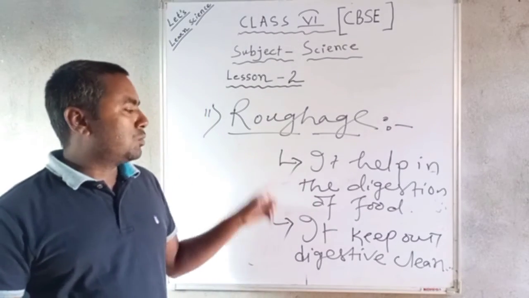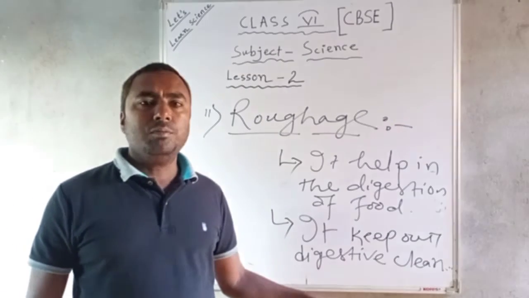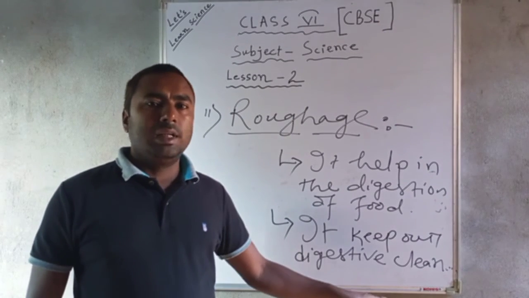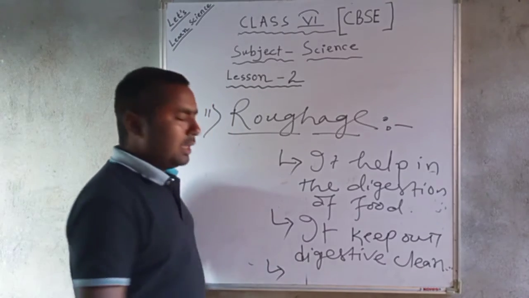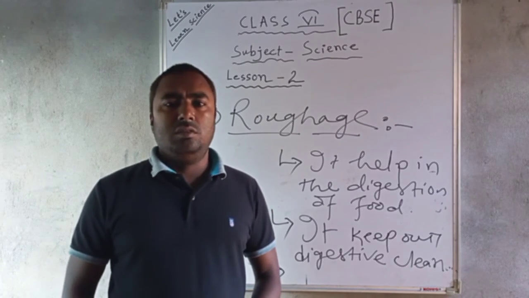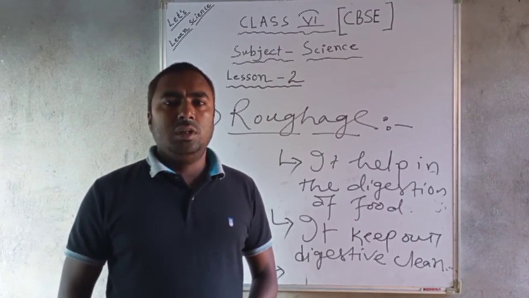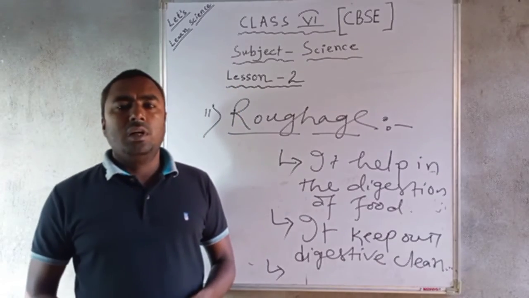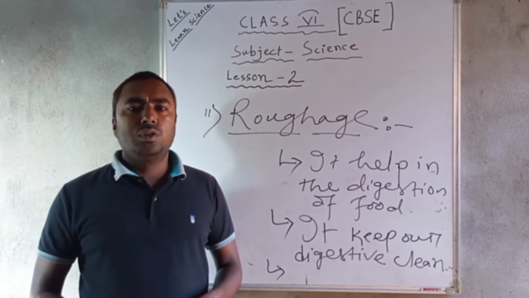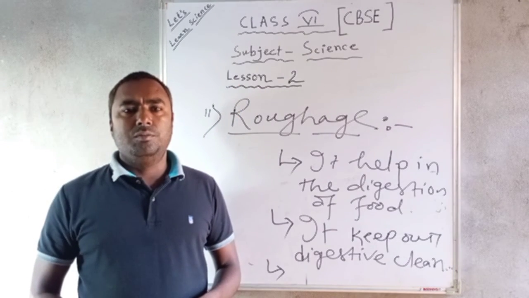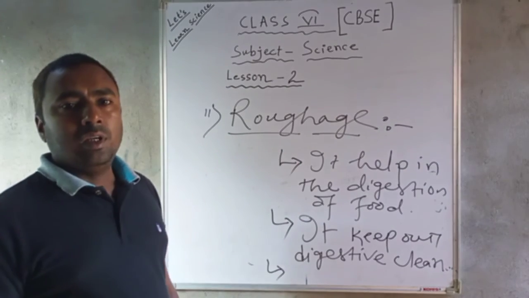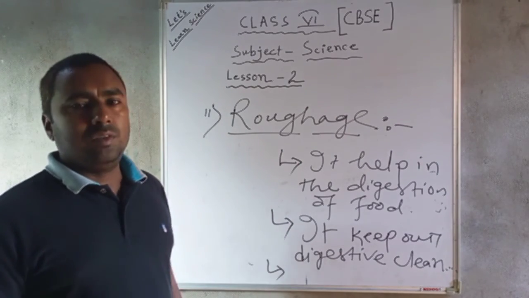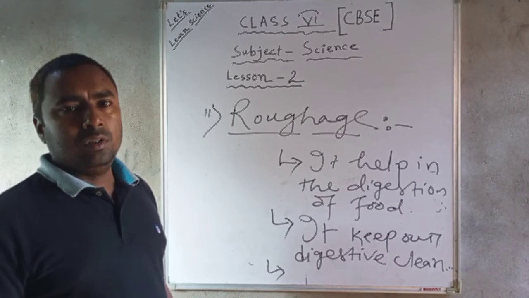So roughage is responsible for keeping our digestive system clean. Besides that, it also prevents constipation. If we take dietary fiber, then what happens? There will be no constipation in our digestive system. So in this way, roughage carries out this activity in our body.